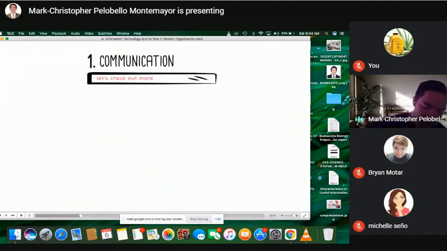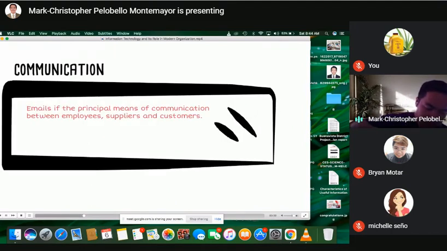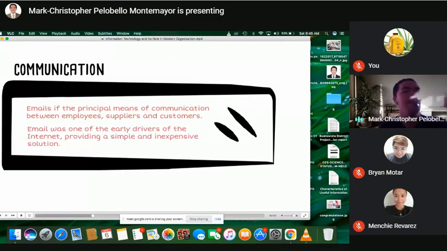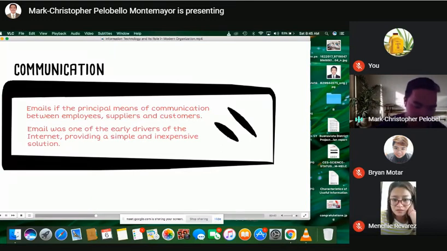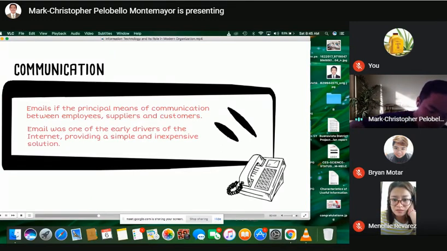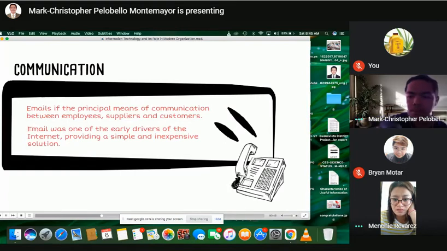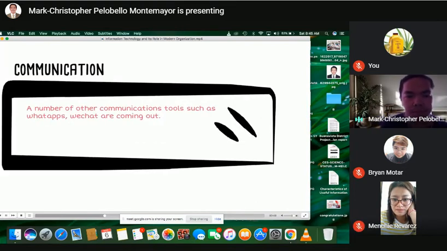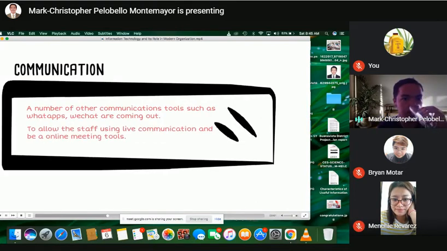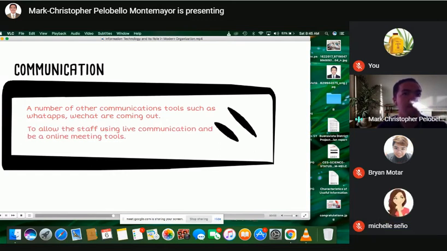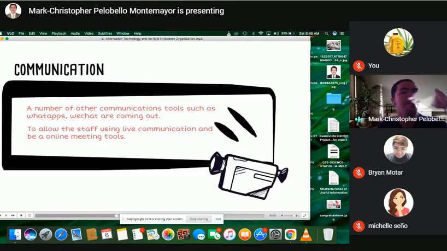Communication. For many companies, email is the principal means of communication between employees, suppliers, and customers. Email was one of the early drivers of the Internet, providing a simple and inexpensive way of communicating. Over the years, a number of other communications tools have evolved, allowing staff to communicate using live chat systems, online meeting tools, and video conferencing systems.